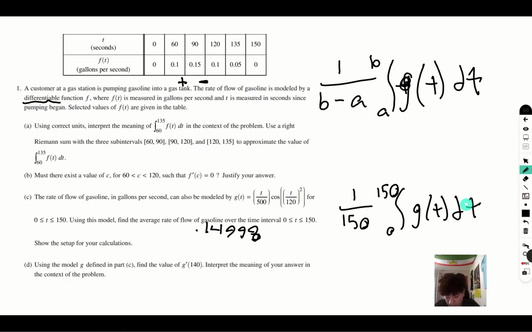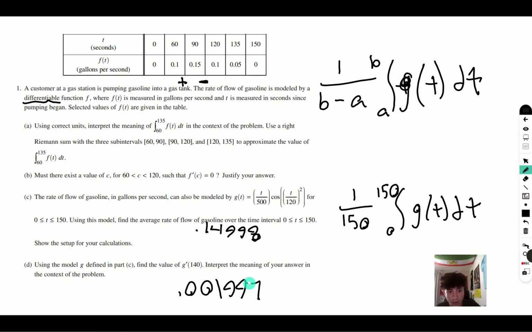So let's see what we get. We're going to get the slope, or the g prime of 140, is 0.001997. And what this means is that this is going to be the rate of change of the rate of flow of gasoline, basically the second derivative of f of t, because g of t is the derivative of f of t.